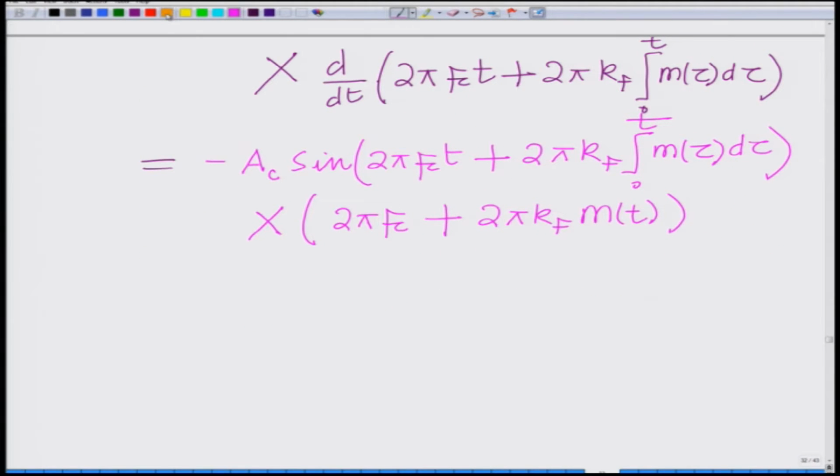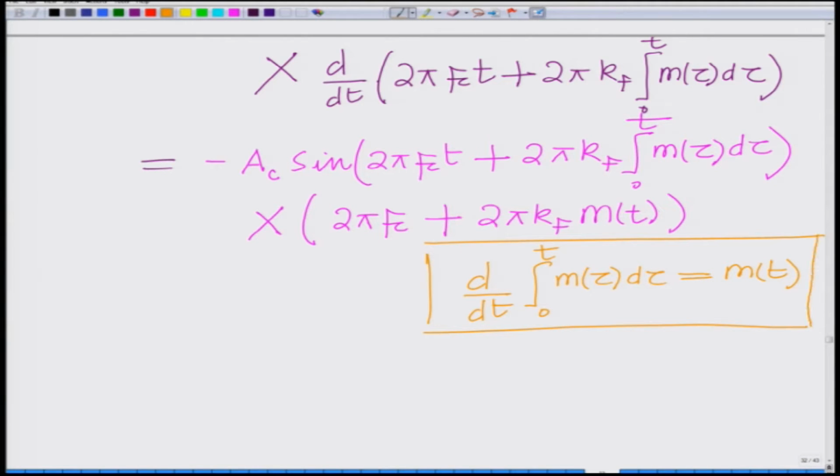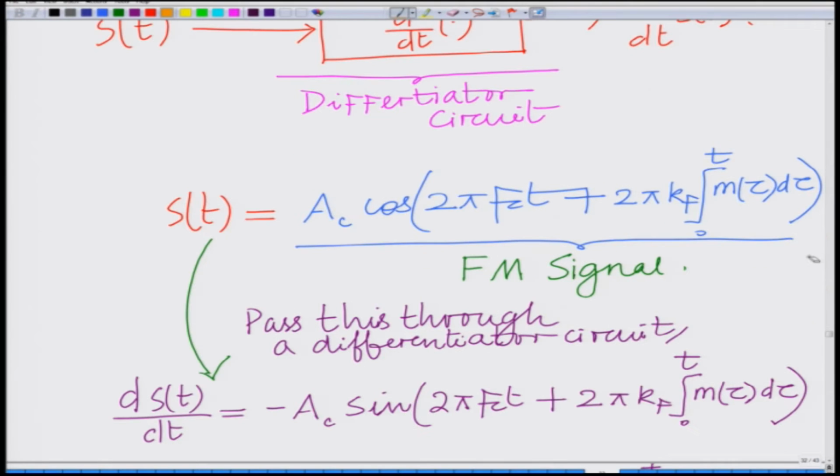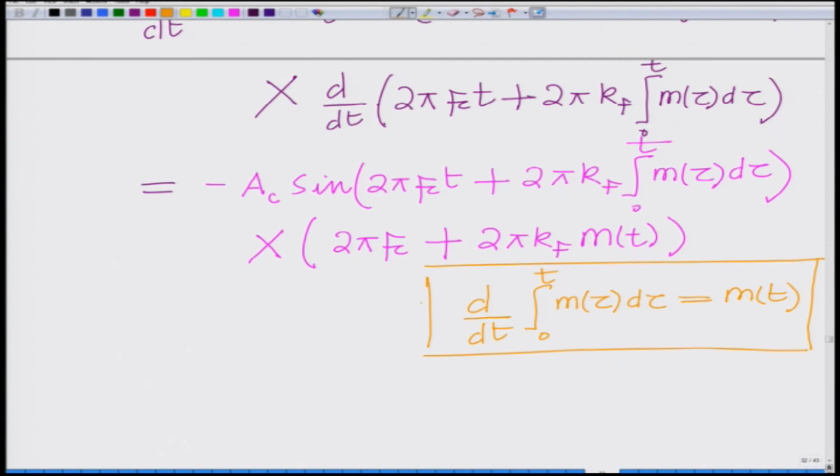We are using the property that the derivative with respect to t of the integral 0 to t of m(tau) d tau is m(t). It is a very simple property: if you differentiate the integral of a function, you get the function itself.